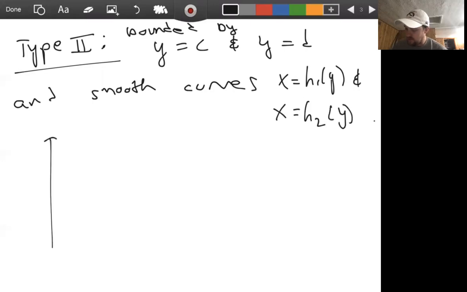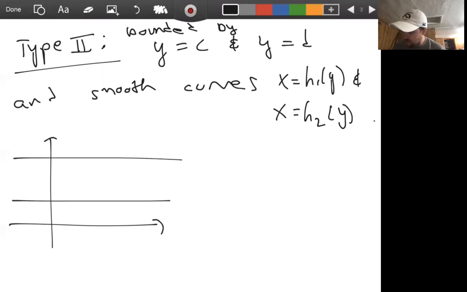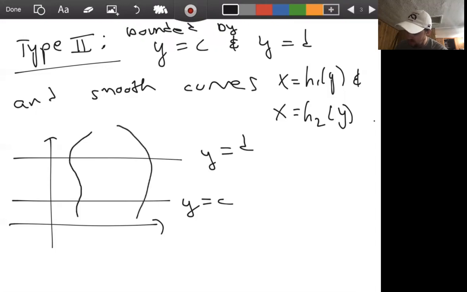And so you could have something here where you're bounded by horizontal lines, say this is y equals c and y equals d, and then you have some smooth curves here, where this would be x equals h1 of y, and this would be x equals h2 of y.